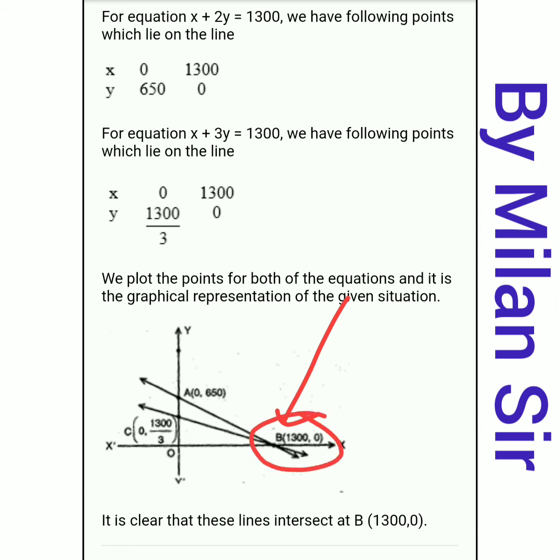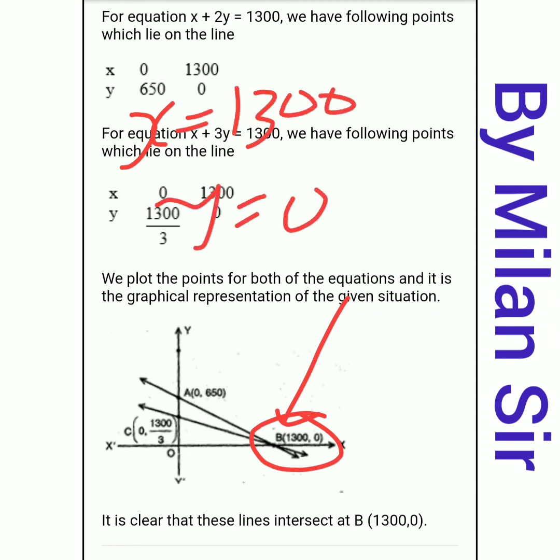So this is our final answer, but it is not asked in the question, which means we do not need to find the solution, but this is the solution: x is equal to 1300 and y is equal to 0. Now x means the cost of a bat, right? So the cost of a bat is 1300 and the cost of a ball is 0. That means the ball is free with the bat, right?